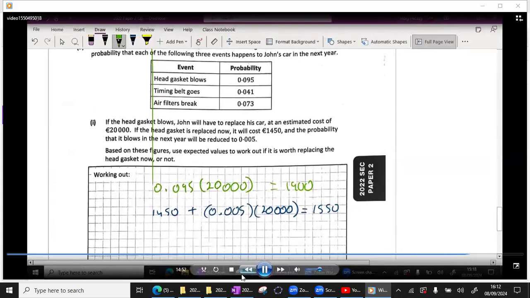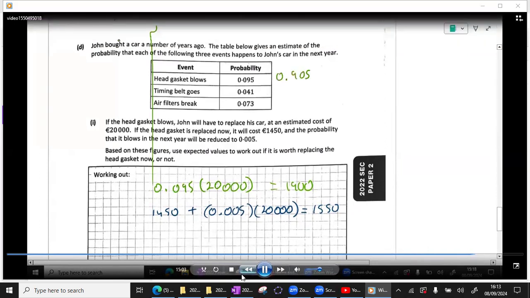So up here, I'm going to write all the alternative probabilities. The probability that it could blow is 0.095, so I'm going to do 1 minus 0.095. So the probability that it won't blow is 0.905. I'm going to do the same for the next one, 1 minus 0.041. So the probability nothing will happen is 0.959.